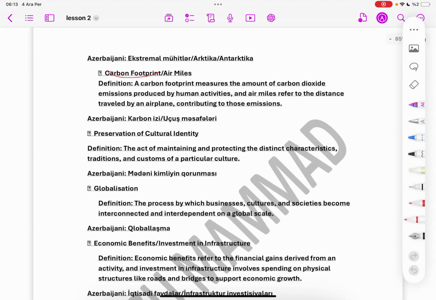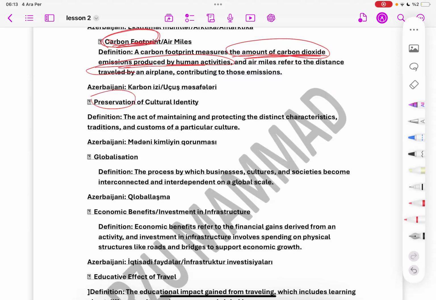Preservation, we have the carbon footprint. It is the amount of carbon dioxide emissions produced by human activities. You can calculate your carbon footprint using the internet. Preservation, you know this one, we have already covered this one. It is like protection of something. Cultural identity, national identity, the act of protecting the distinct characteristics, traditions, or customs of a particular culture.